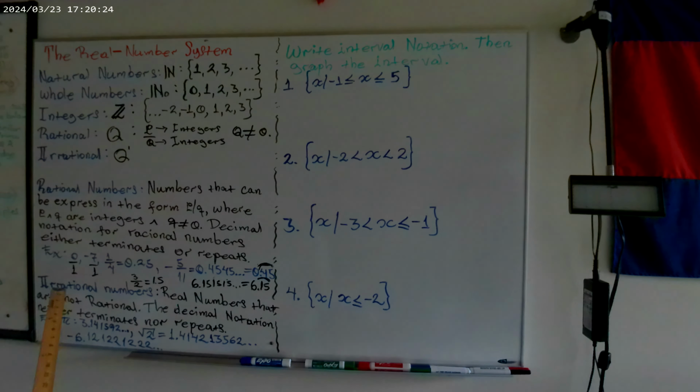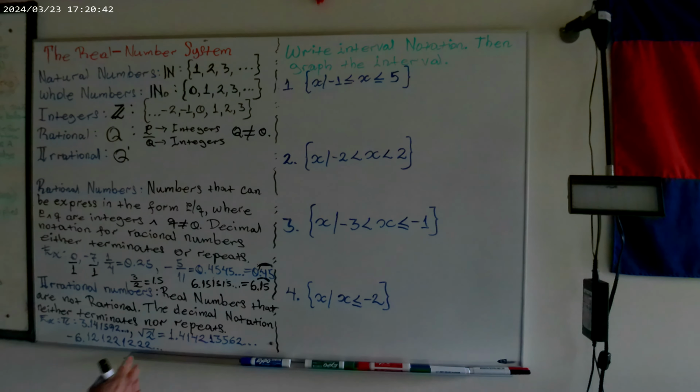Another example is the square root of 2, in which the decimal part is 1.41, 42, 13, 5, 6, 2, and so on, all the way to infinity. The square root of 2 is an irrational number because the decimal part does not repeat.